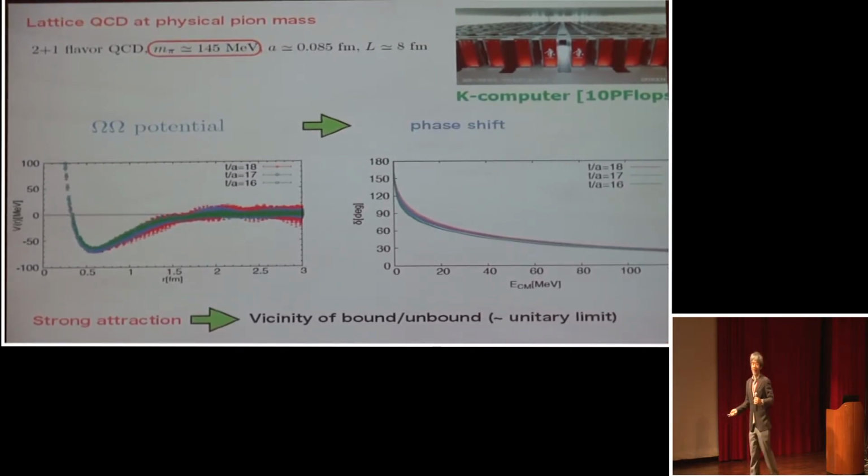That means it is the so-called unitary region, the vicinity of the bound state: if the interaction is a little bit smaller, it becomes unbound. This is called the unitary limit. Maybe it's related to the first talk of this morning session. This is one of the QCD examples of the unitary limit.